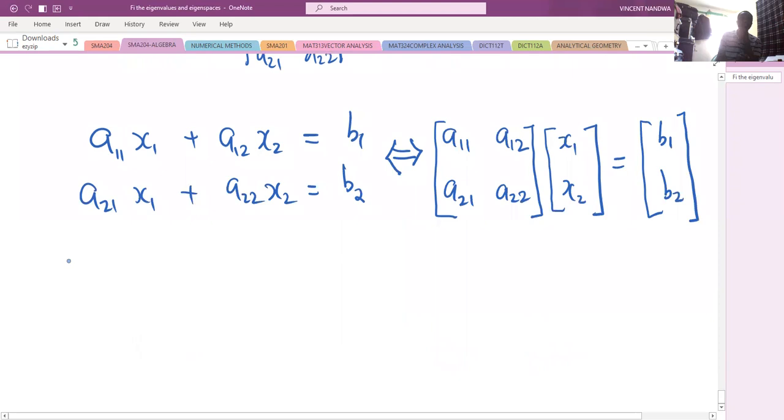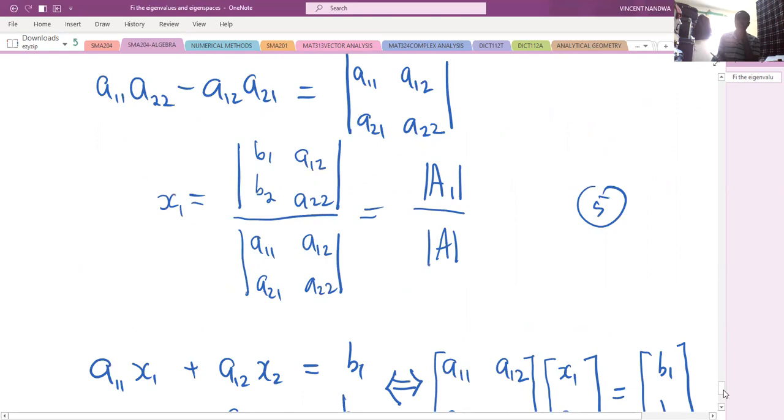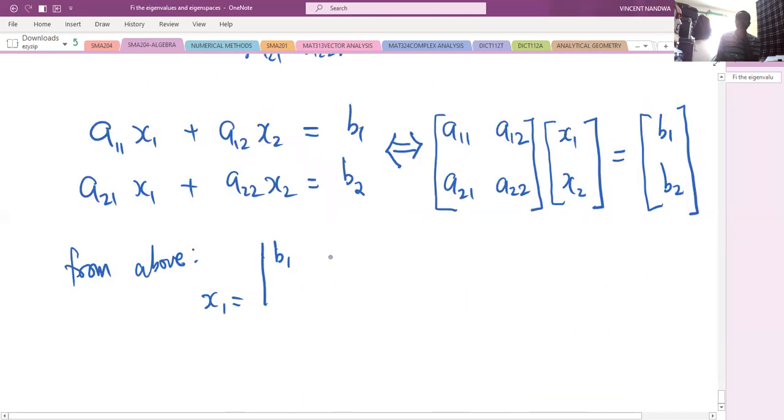And from 4, from above, x1 is given by determinant of b1, a12, b2, a22. This is what you have found here. Over determinant of a11, a12, a21, a22.